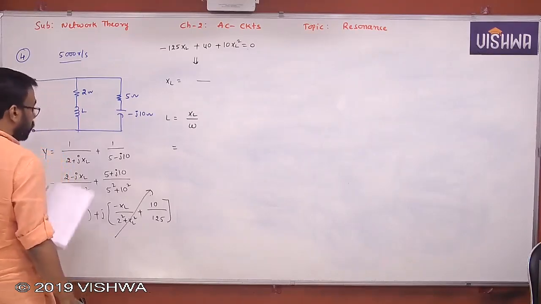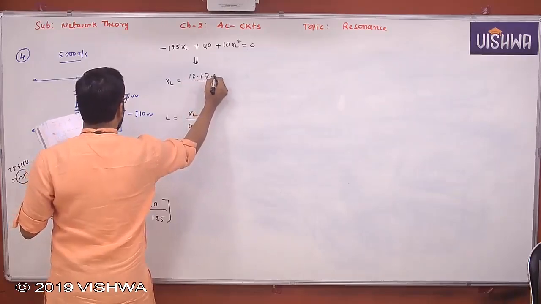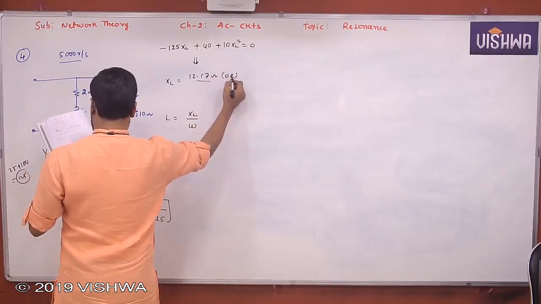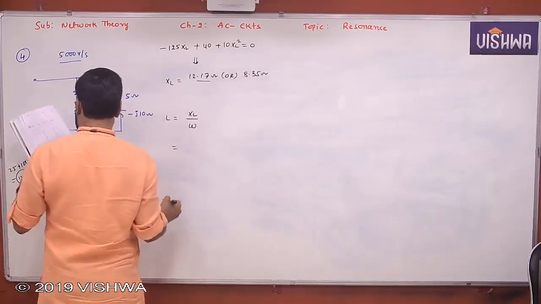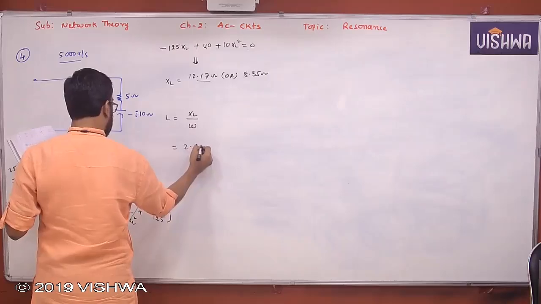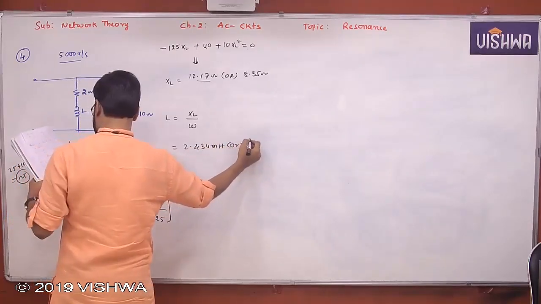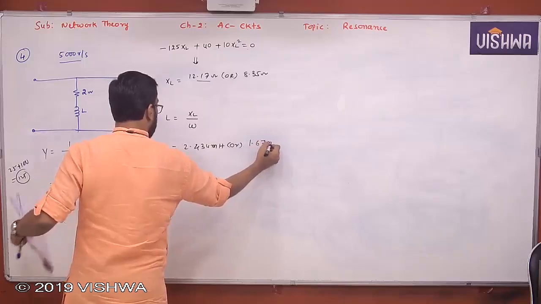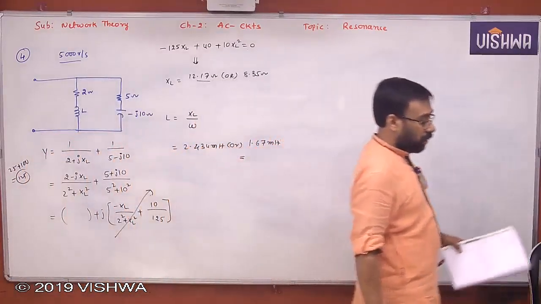So you will get the XL value, that is 12.17 ohm or 8.35 ohm. Then L will become 2.434 millihenry or else 1.67 millihenry. Understand all of you? Okay, so this is how you calculate the L value.